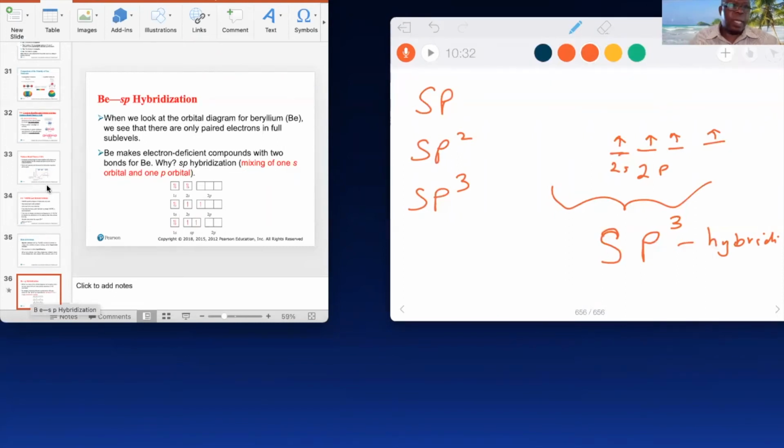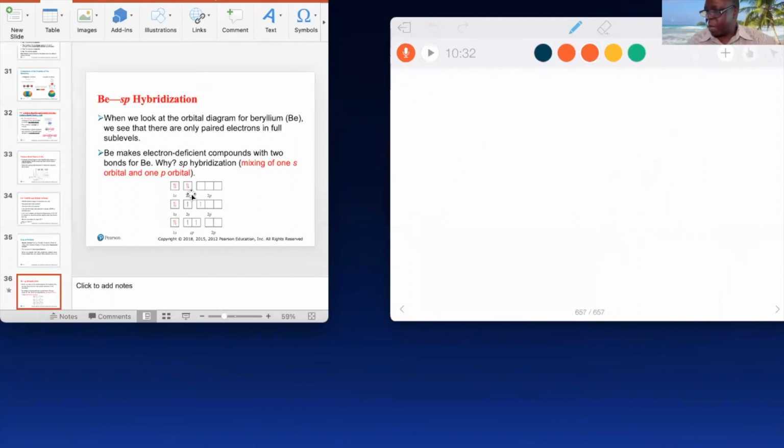For example, if you look at the electron configuration for beryllium, beryllium is number 4 on the periodic table. In the orbital filling diagram, you see all electrons are paired up. Suppose it is forming a bond such as beryllium with 2 fluorine.